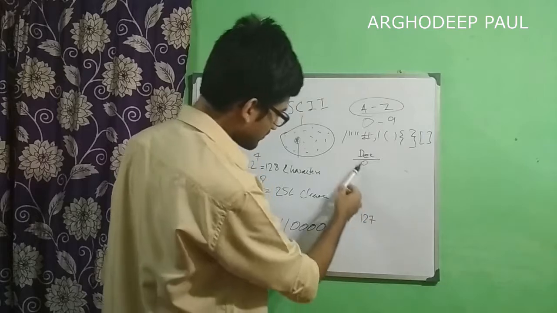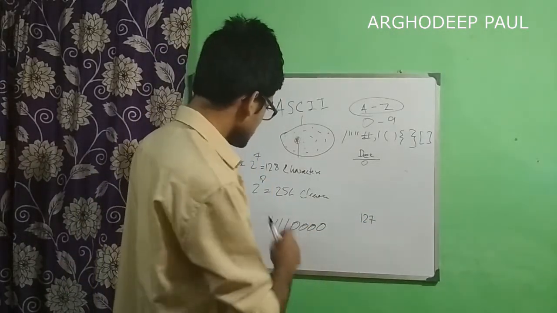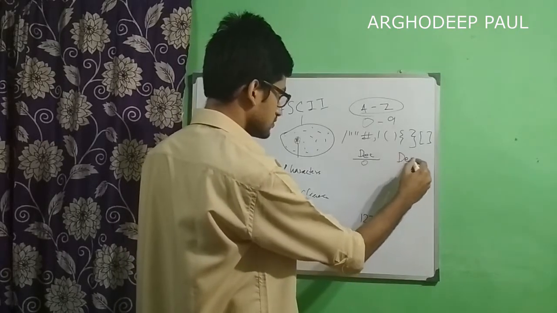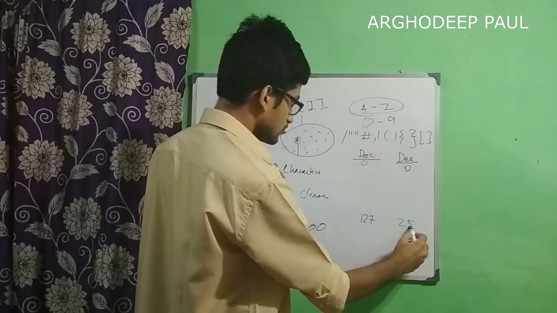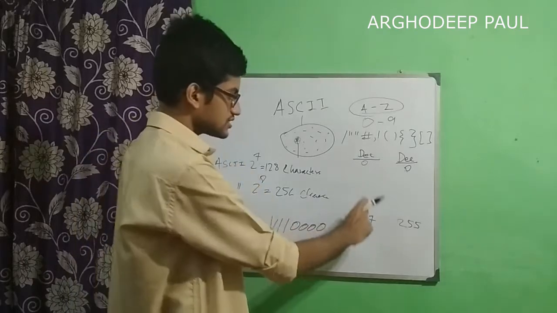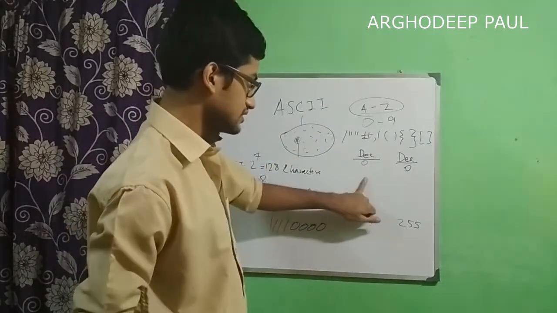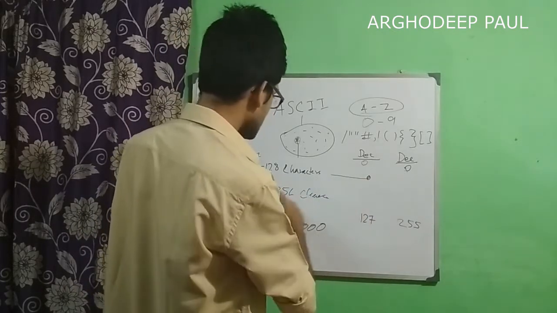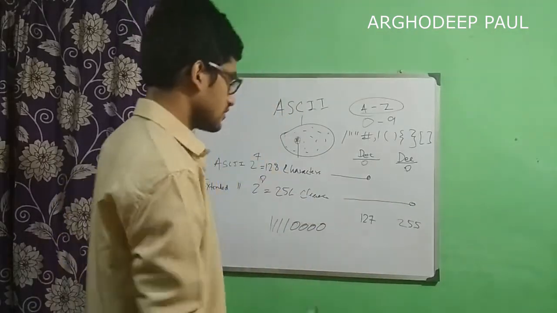So basically we have 128 characters, and in case of extended ASCII, this will also start from 0 and end at 255, and between these values it will contain all of those characters. This is standard ASCII, and this one is the extended. This list is called extended ASCII.